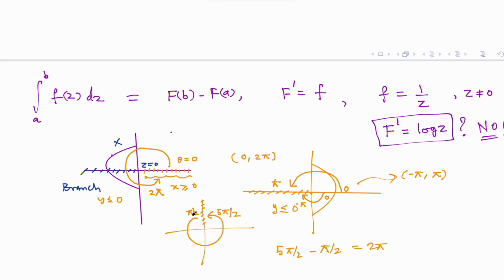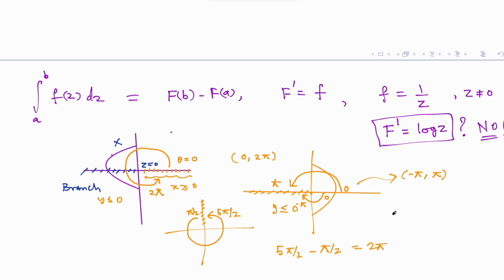It is not crossing the branch, it is not cutting the branch, and it is differentiable, having no jump discontinuities. So the function is continuous and differentiability will exist. But for general theta, let's say theta lies between 0 and 4 pi, the answer is no, because you have to make one more round and it will definitely cut the branch. So this is very, very important.